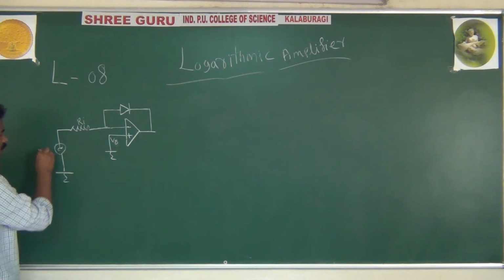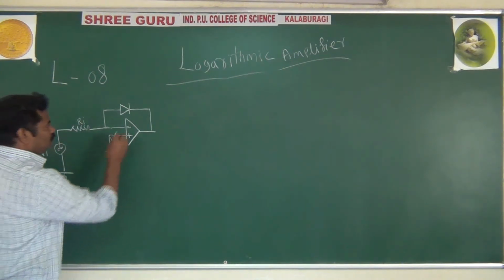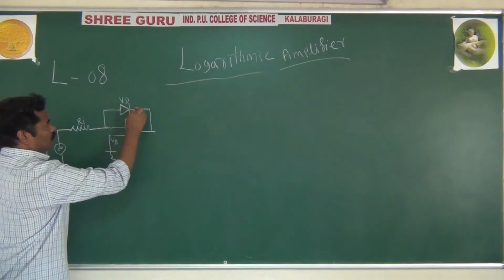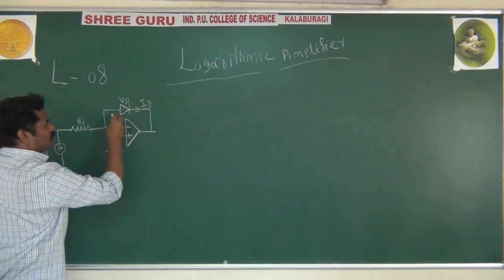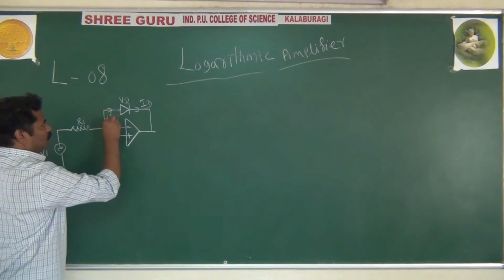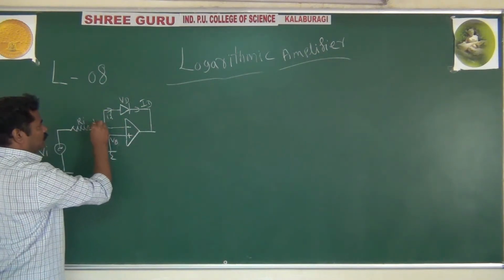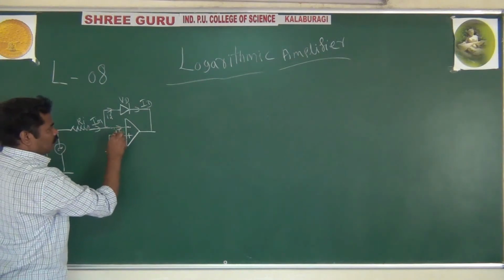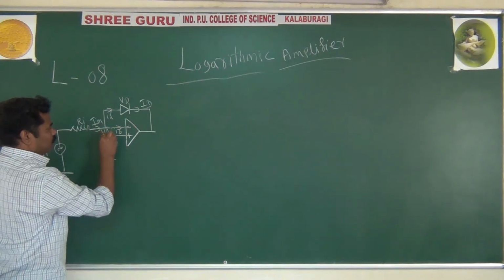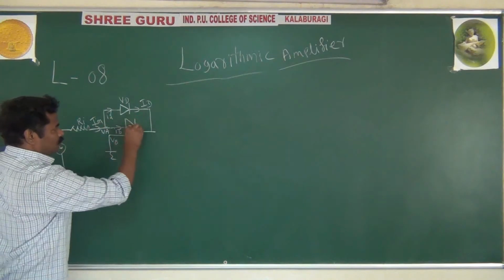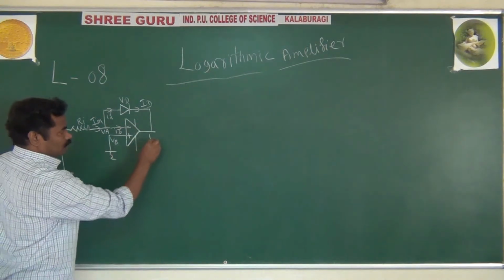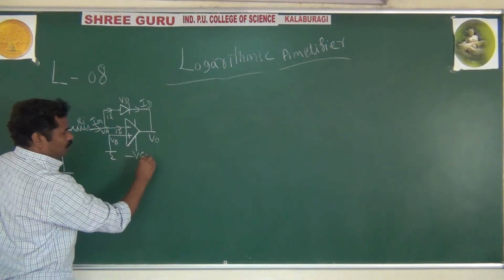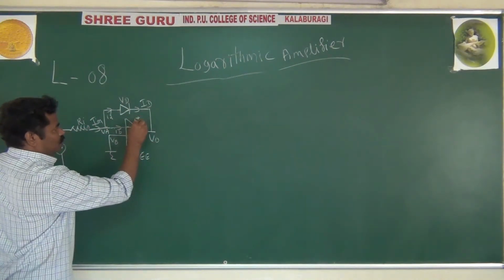As usual, this is your VD and this is your ID. This may be IF, this is your IN, and this is your IB, and this is VA. Here you can measure the output voltage. This is minus VEE, this is your plus VCC.